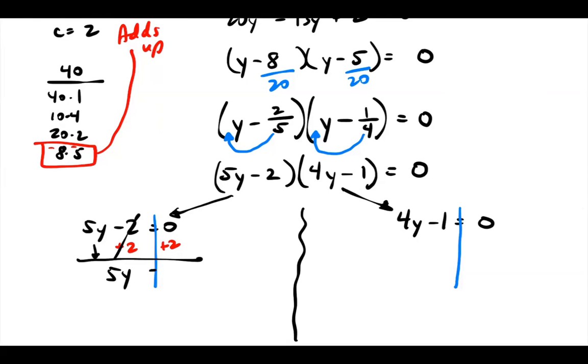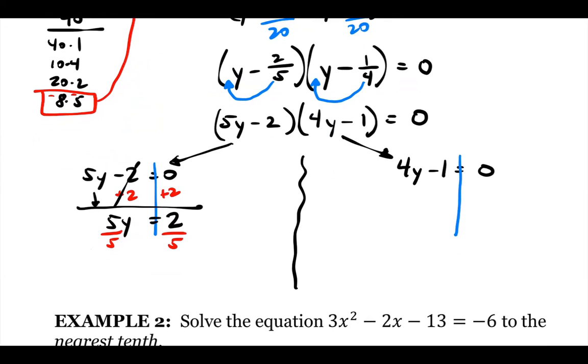Add 2 to both sides over here. Divide by 5. I get 2/5.